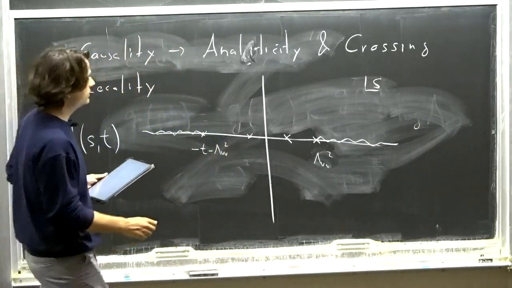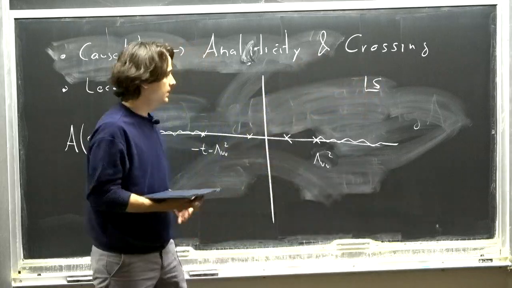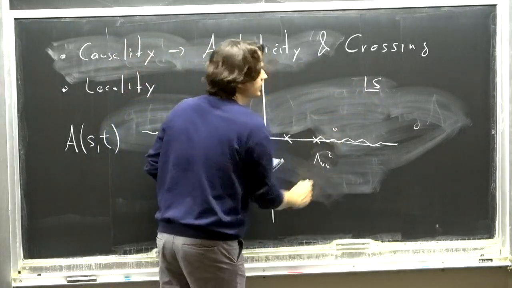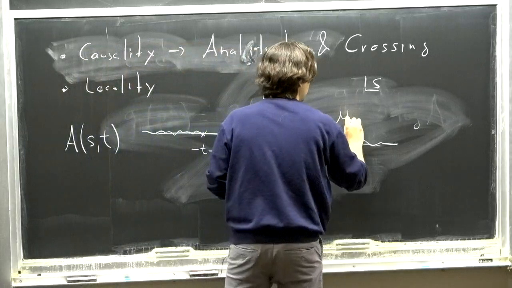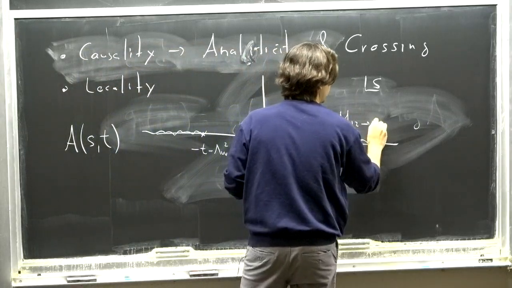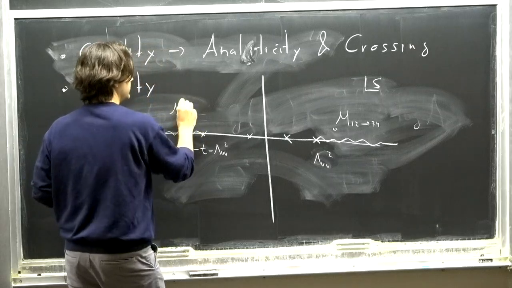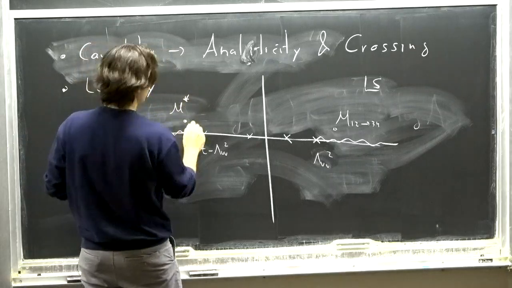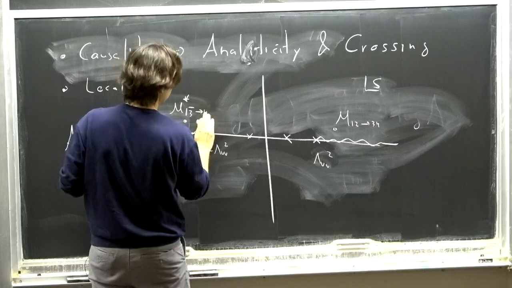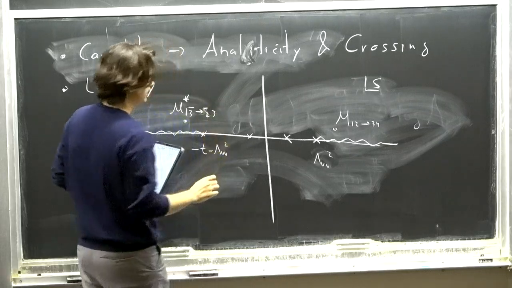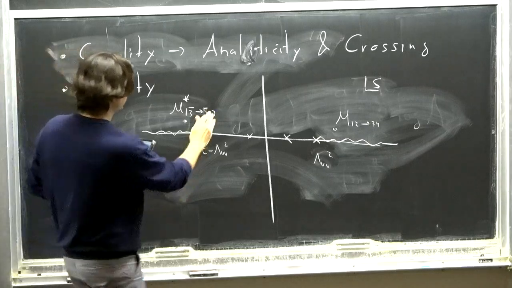So crossing symmetry tells us that the amplitude makes sense for any complex value of S. If we look at the amplitude here, it's looking at particle 1 and 2 scattering into 3 and 4. If we look at the amplitude here, this will be the complex conjugate of 1, 3 bar scattering into 2 bar 3.